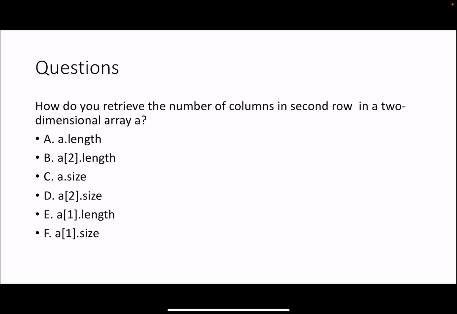Second, how do you retrieve the number of columns at the second row in a two-dimensional array? I give you 30 seconds to give me the answer. All right, so we want to get the number of columns at the second row.